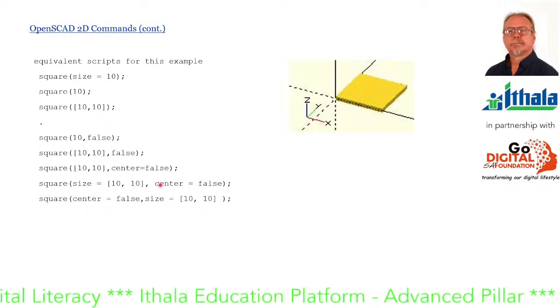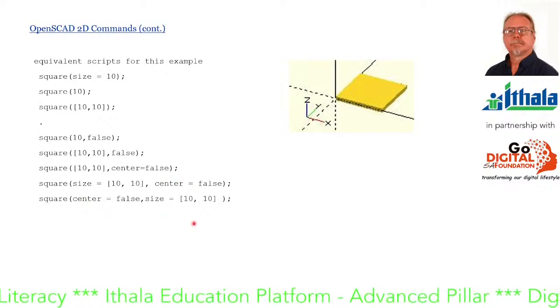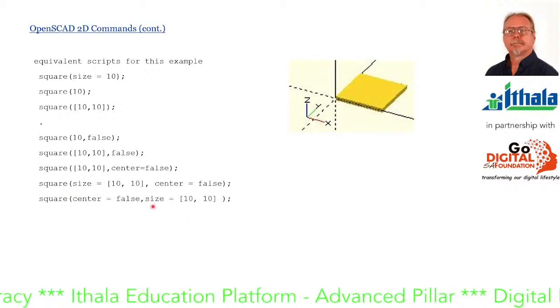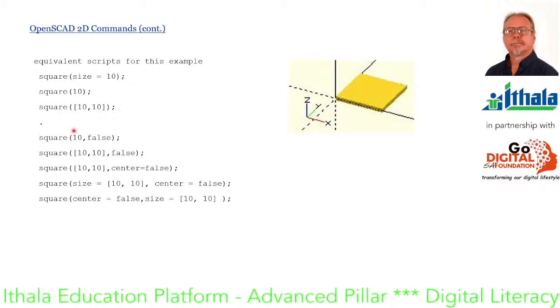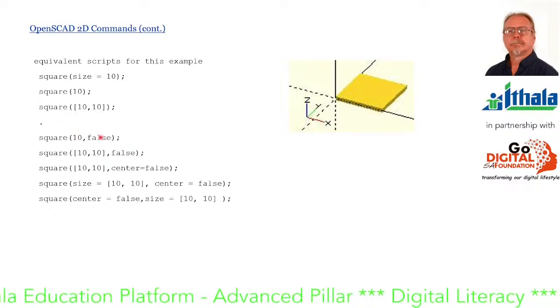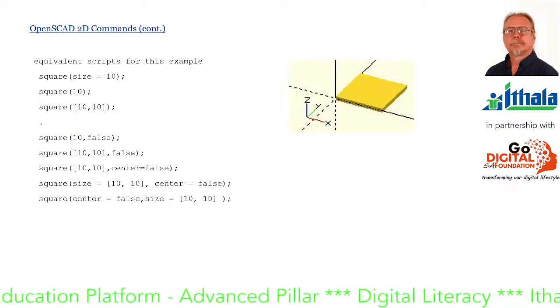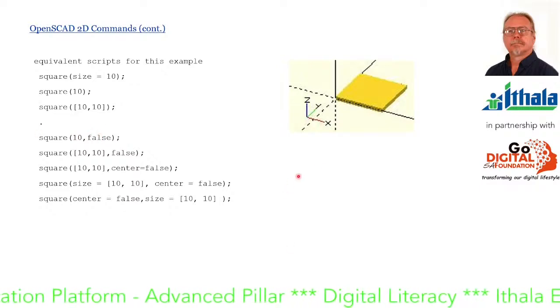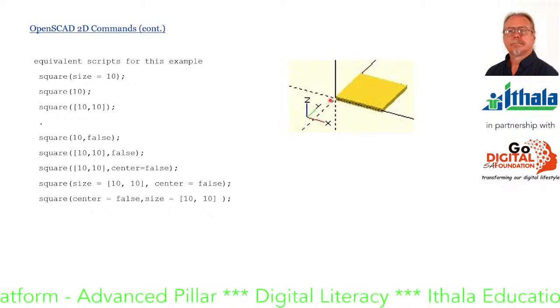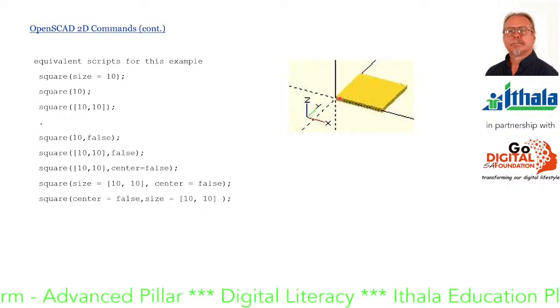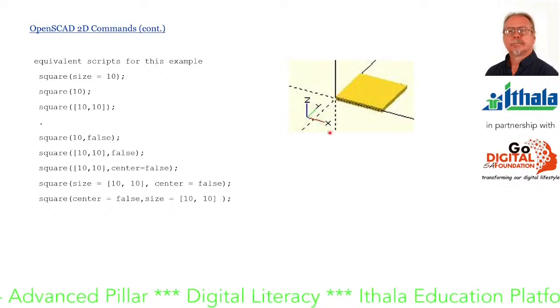Okay, so notice that if you specify the name of the parameter, you can put them in any order. If you don't specify the name, then they have to be size and then center. And as you can see, that's drawing a square in the first quadrant with one corner at the origin.